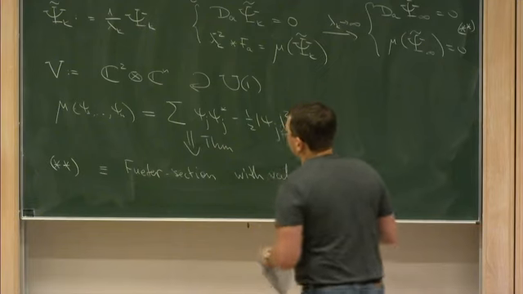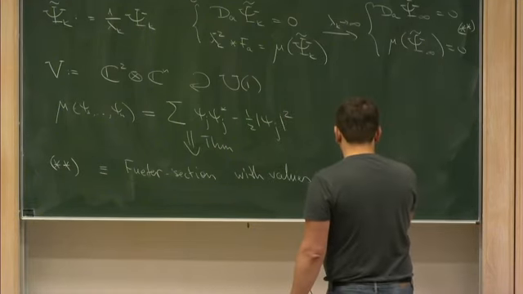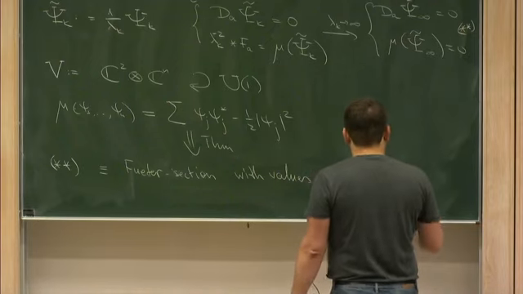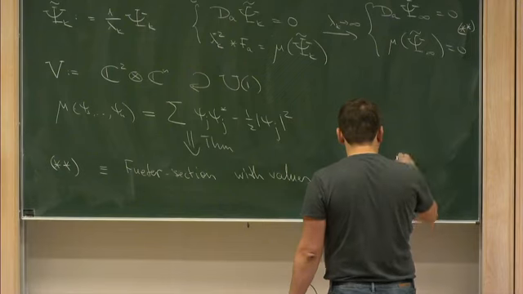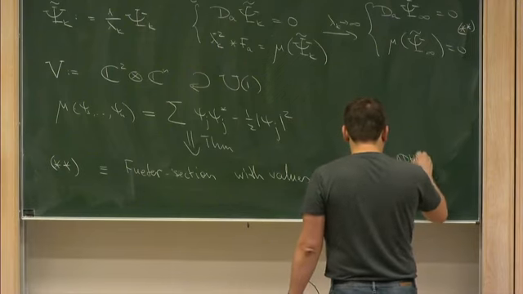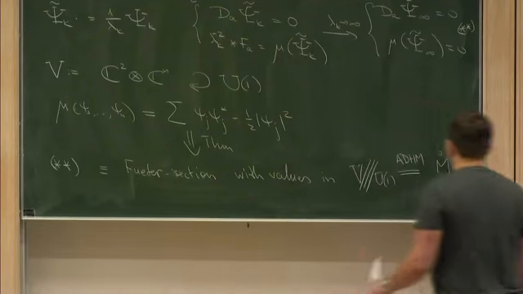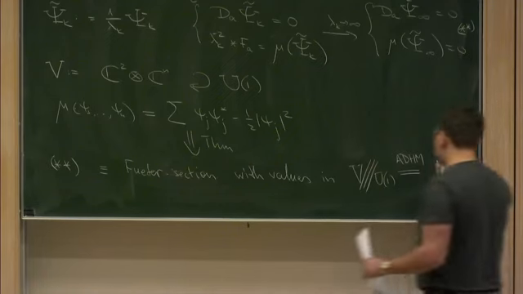What we do, we take the hyperkähler quotient of V by U1, and by the ADHM construction, this is M_1^N with a circle there.